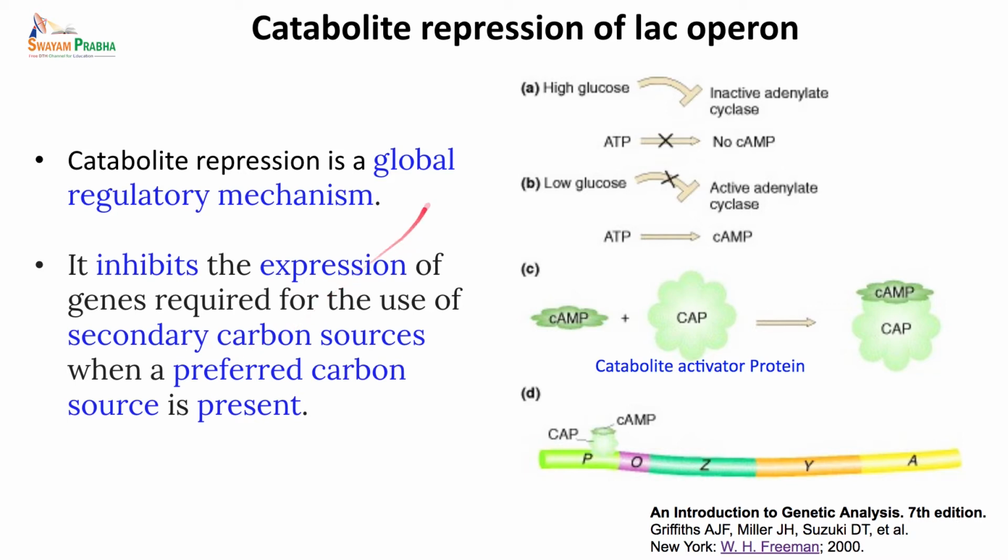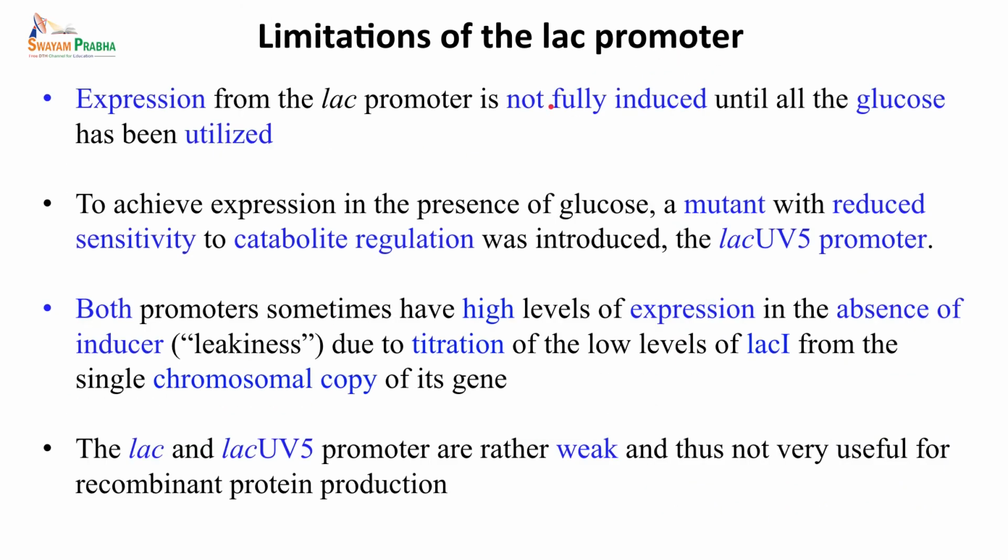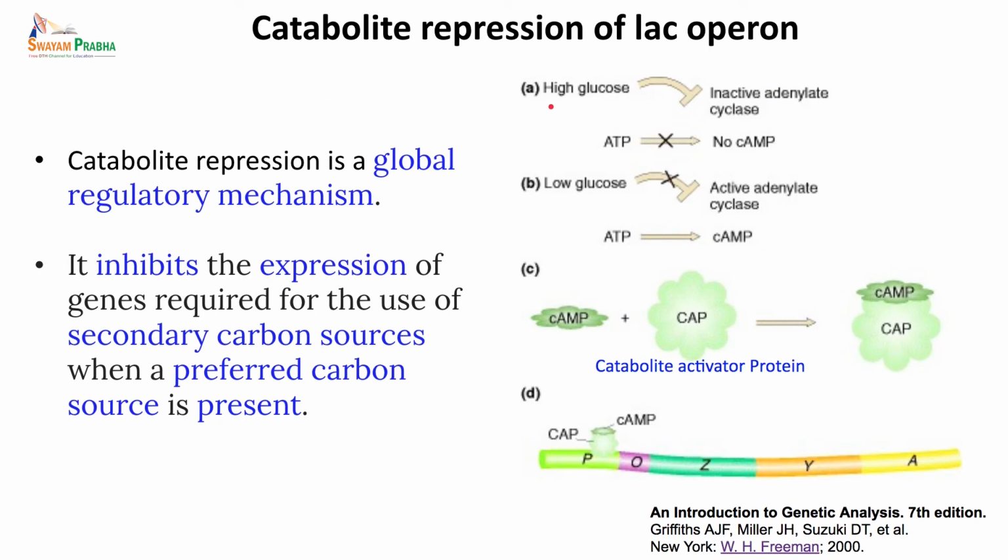So in the context of the lac operon, the preferred source is glucose. So, when you grow the bacteria E. coli in labs, you add glucose to the medium.